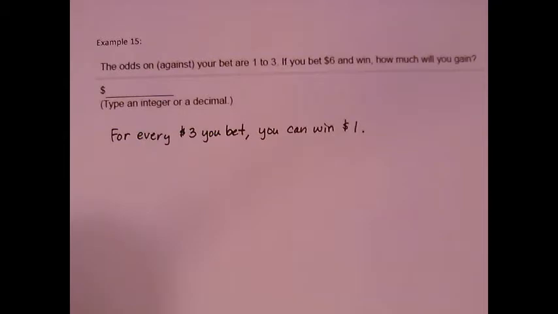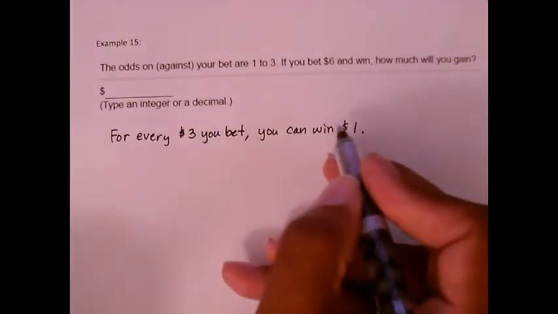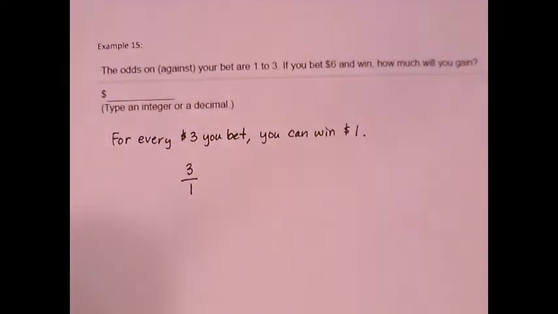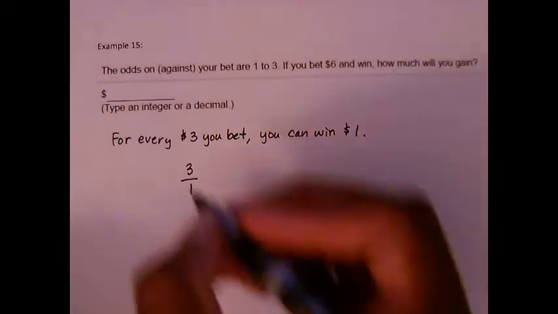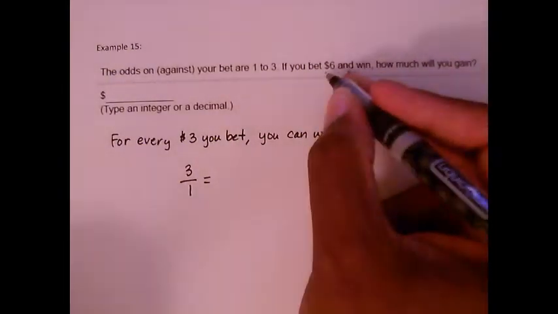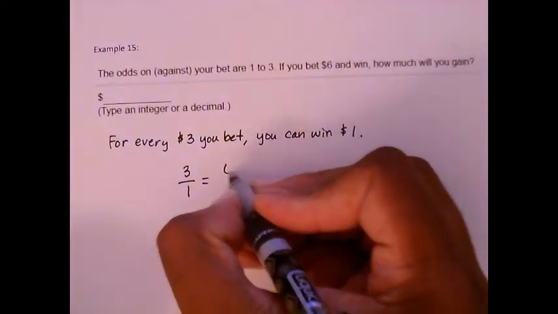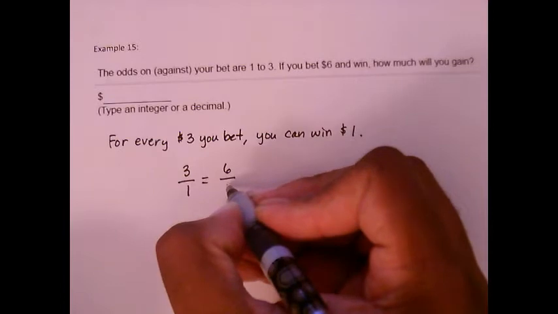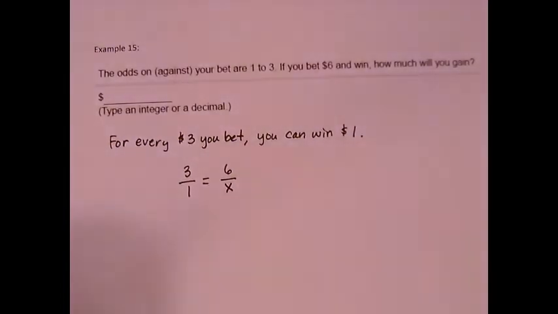And the way I'm going to do this is write this as a proportion. $3 that you bet, you win $1. So the amount of the bet will be over the amount that you can win. That's going to be equivalent to, here we're betting $6 and we win, and 6 goes here, and we're trying to find out how much we can gain. I'm going to let x be that. So here I have a proportion that I can solve.